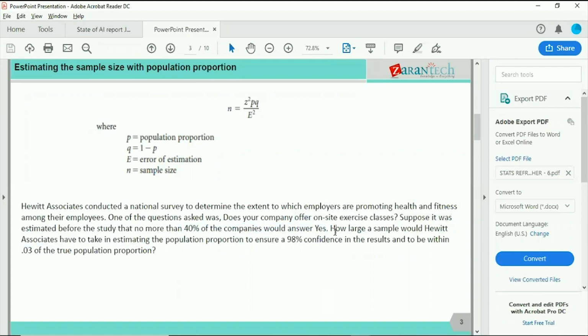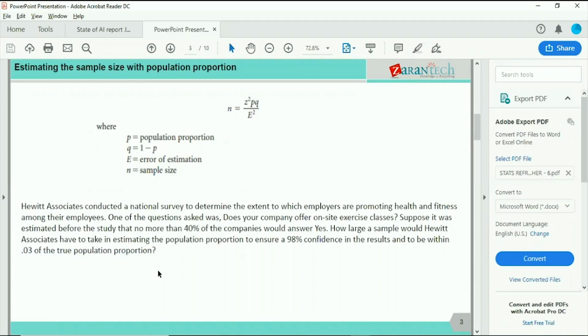How large a sample would Hewitt Associate have to take in estimating the population proportion to ensure a 98% confidence in the result, and it would be within 0.03 of the true population proportion?